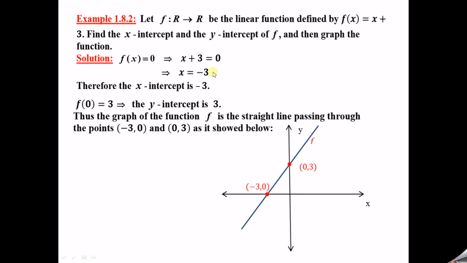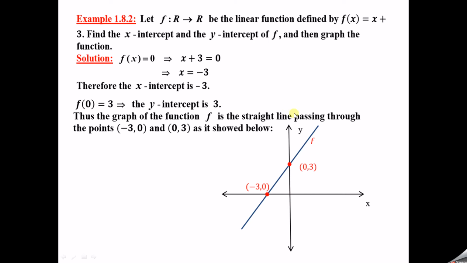Therefore, this is the x-intercept we are getting. Because we are putting y as 0, we are getting x as minus 3. Therefore, the x-intercept is (-3, 0), so it intersects the x-axis at the point (-3, 0). The next one, we want to find the y-intercept.